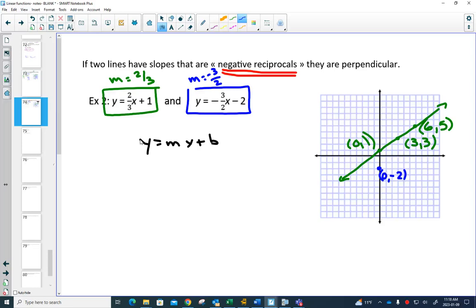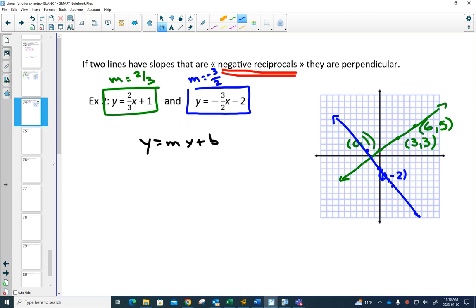So this -3/2, when you do rise over run, you can choose your rise to go up or down. It really doesn't matter. So if I go up 3, I'm going to need to go 2 to the left. If I go down 3, I need to go 2 to the right to make sure that my slope is going negative.